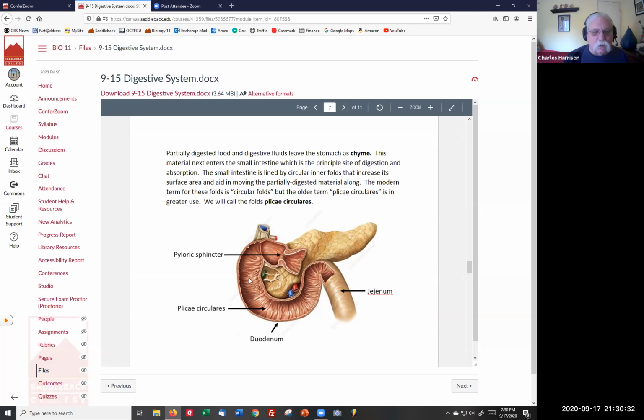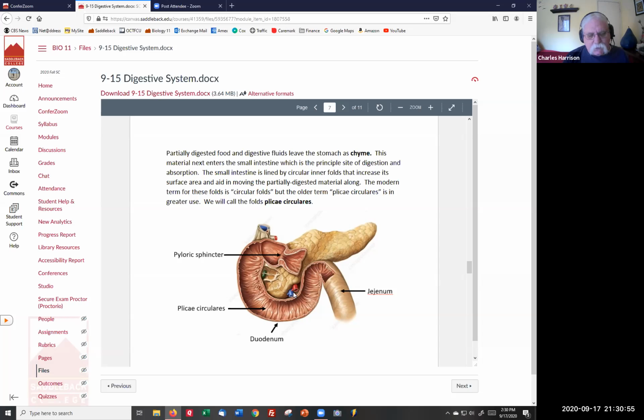The duodenum also has circular folds on its inner lining. This greatly increases surface area and also helps to push the contents forward when there's contraction of the intestine itself.